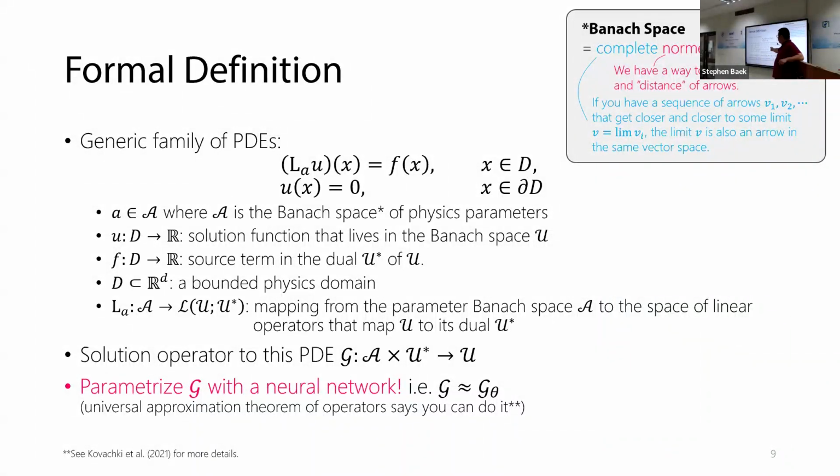So A is a space of parameters. So things like Reynolds number. Well, the Reynolds number is not a good example because that's usually constant everywhere. Things like density.